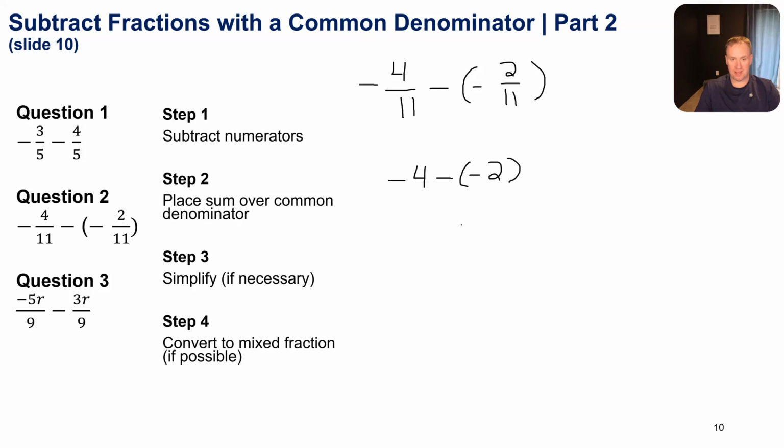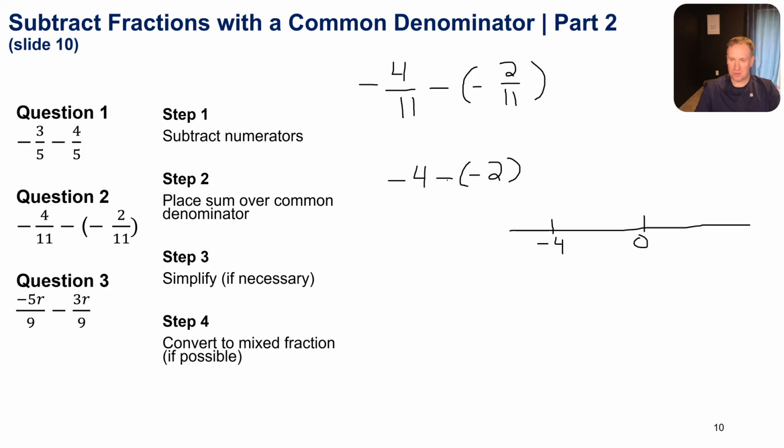If I model this on my number line, the number I'm starting with is negative, so I'm starting at negative 4. But now I'm subtracting a negative 2. Well, subtracting a negative is the same as adding a positive.